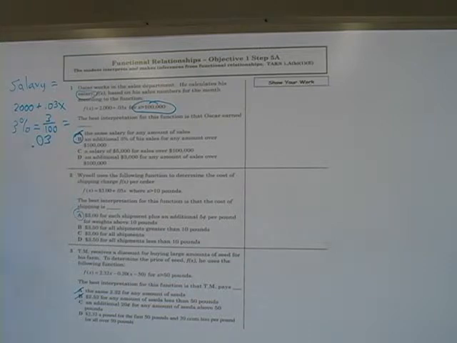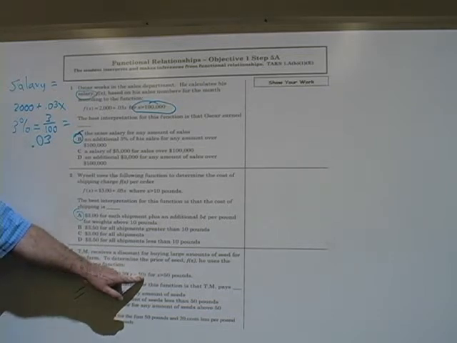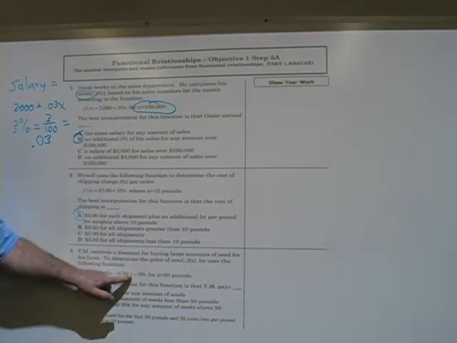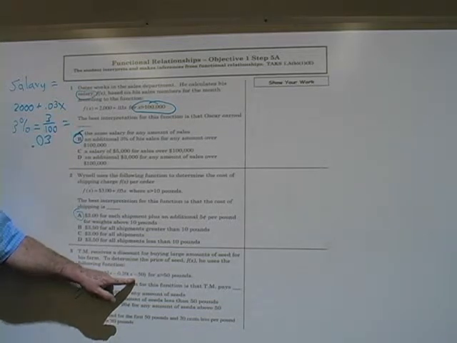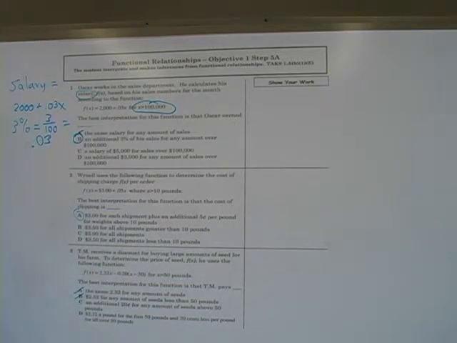Because if, let's say x was 70 pounds, what's 70 minus 50? 20. So it's 20 pounds above 50. And that 20 pounds you multiply by 20 cents, and that's what you take off from the price. So answer D is the answer.